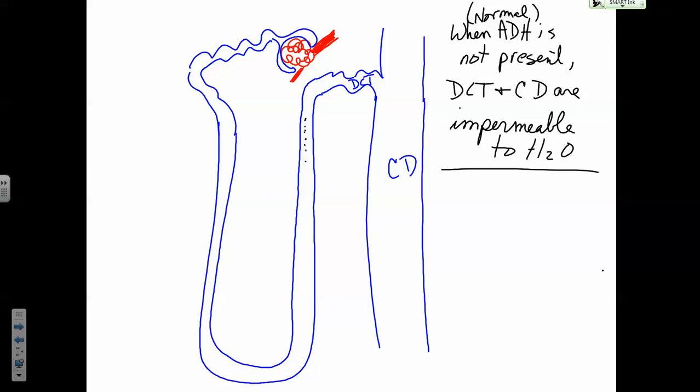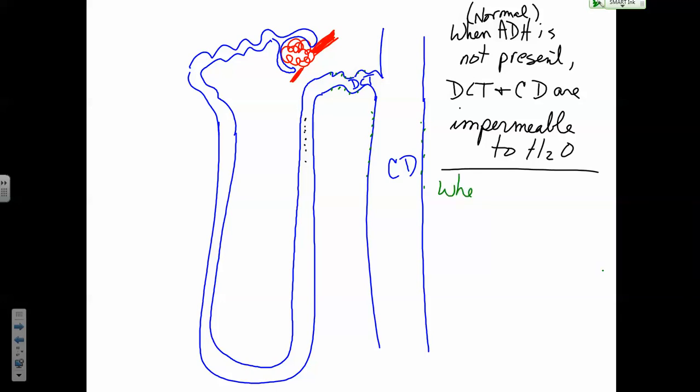At the same time that's going on, those cells send an impulse down to the posterior lobe and release ADH. And ADH comes over and binds to its target cells, which are along the distal convoluted tubule and the collecting duct.